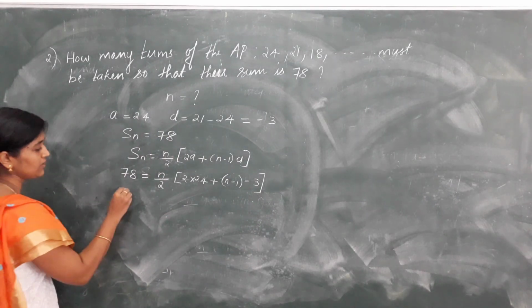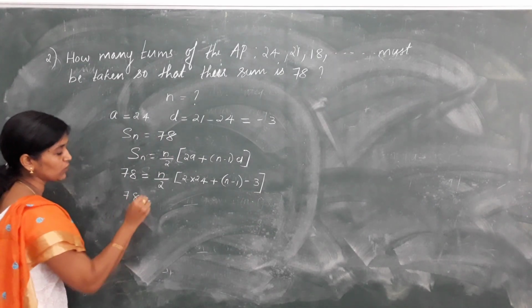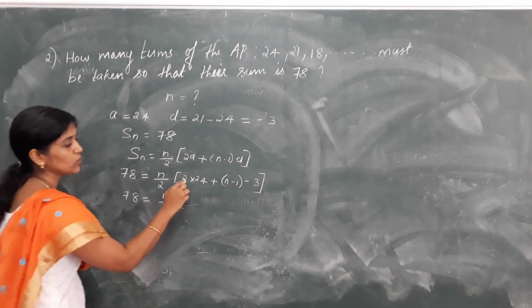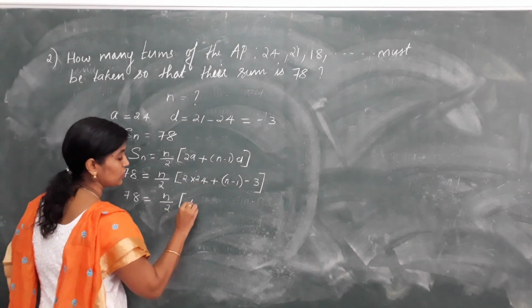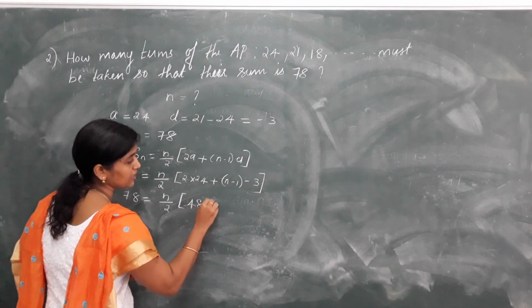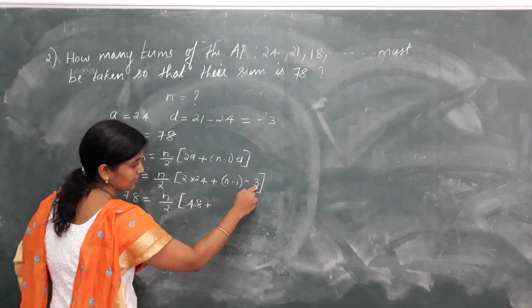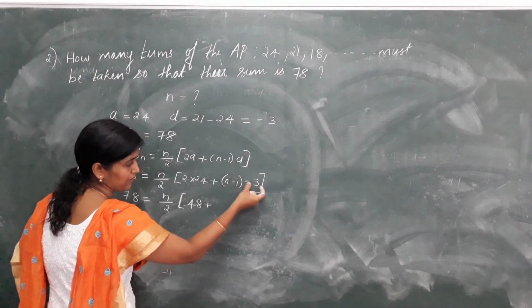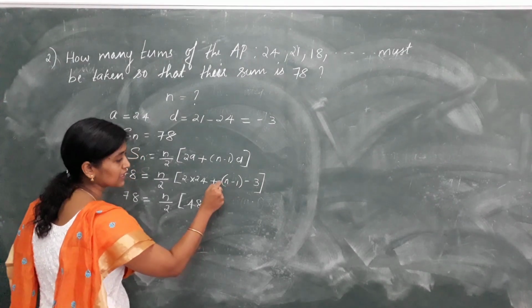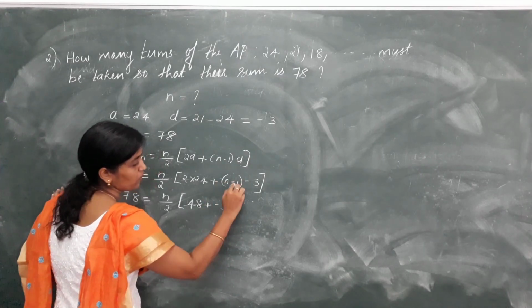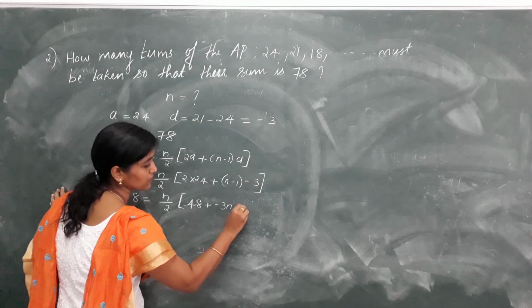So from here we'll get 78 is equal to n by 2 into, now 2 into 24 is 48, plus n minus 1 into minus 3. We distribute the minus 3, which gives n into minus 3, that is minus 3n. Now minus 1 into minus 3 becomes plus 3.